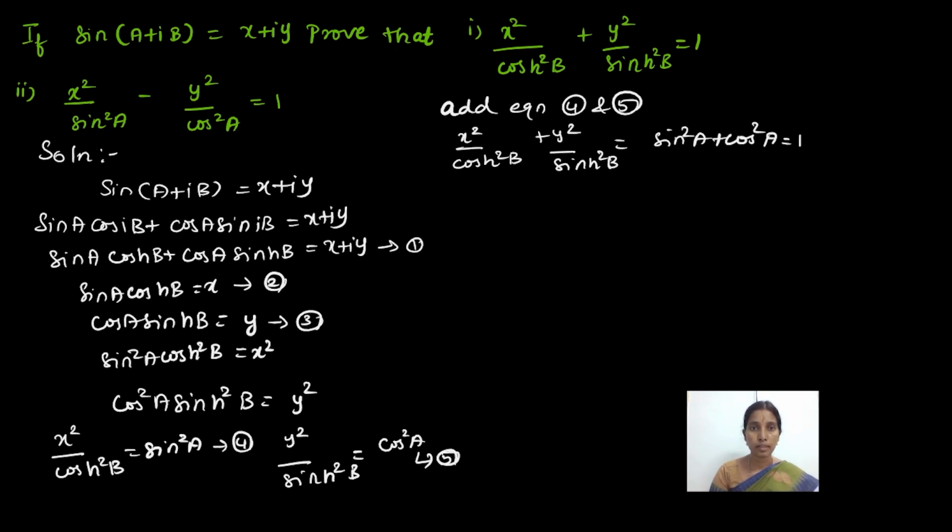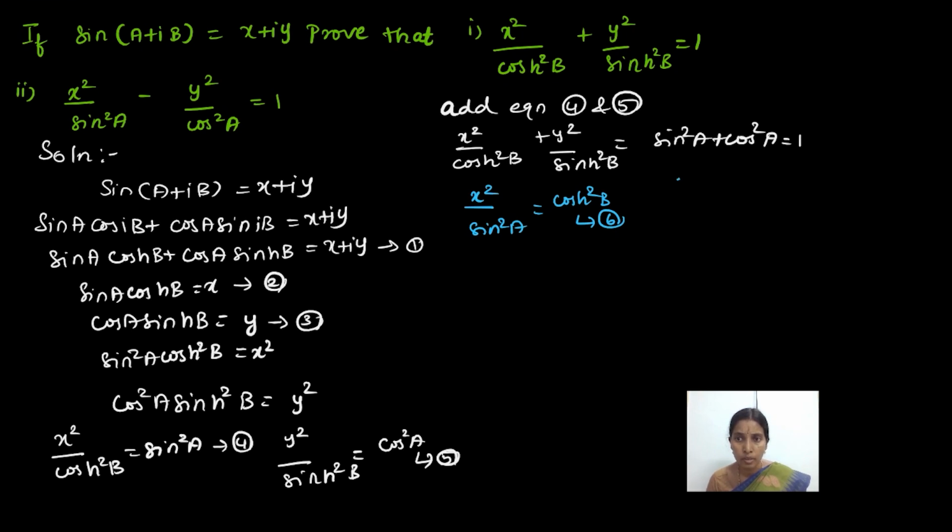Subdivision 2 is x²/sin²a − y²/cos²a = 1. Here we already found sin²a cosh²b = x². From this, we have x²/sin²a = cosh²b. Consider this as equation number 6.